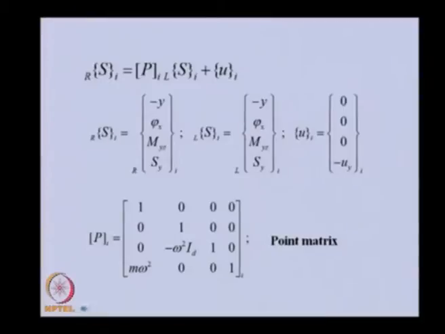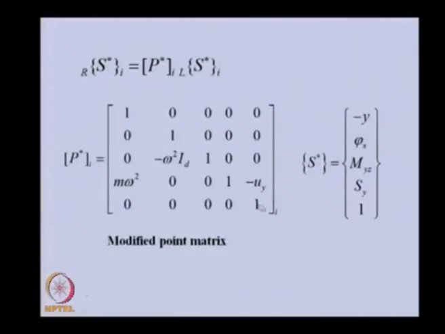Now, to accommodate this external force inside the point matrix, we need to modify the point matrix by adding identity, as we did earlier. So if we add identity, we can include this external unbalanced force inside the point matrix, which we will call the modified point matrix.